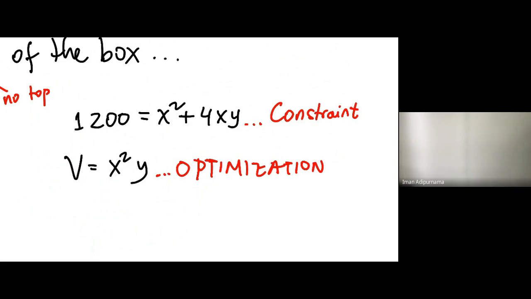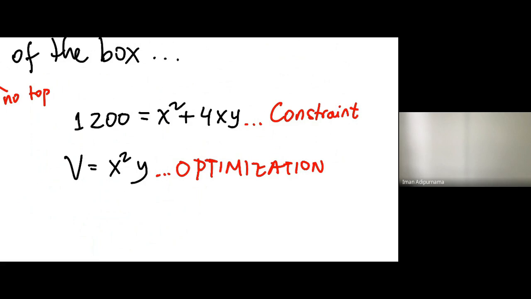And all optimization problems will have these two kinds of formula. The first one, the optimization, is our goal. We need to find the largest volume, based on the question. It's the one where we need to take the optimum result. And this one is our constraint, our restriction.